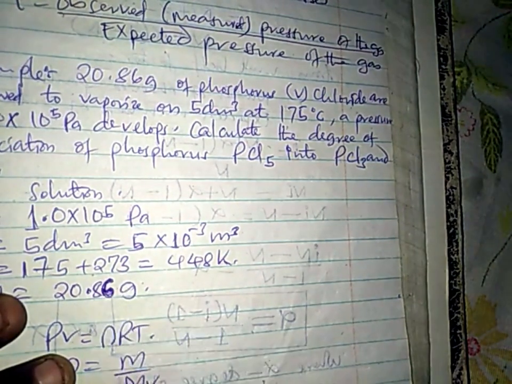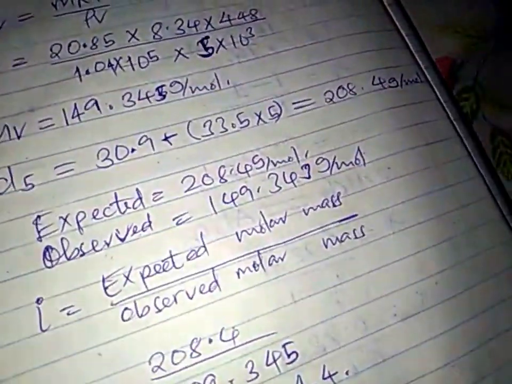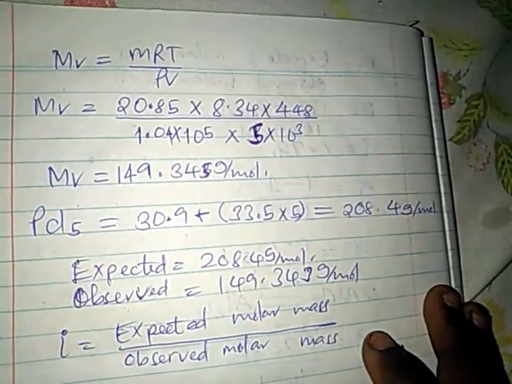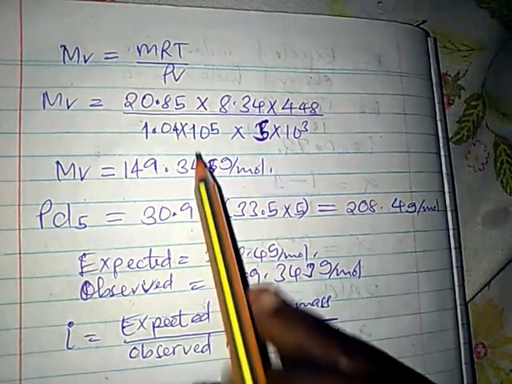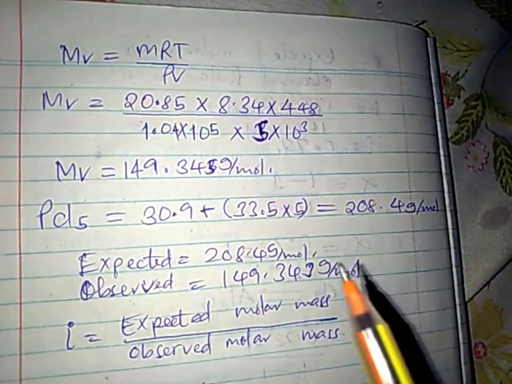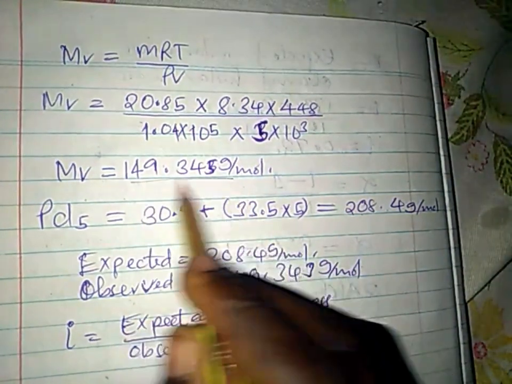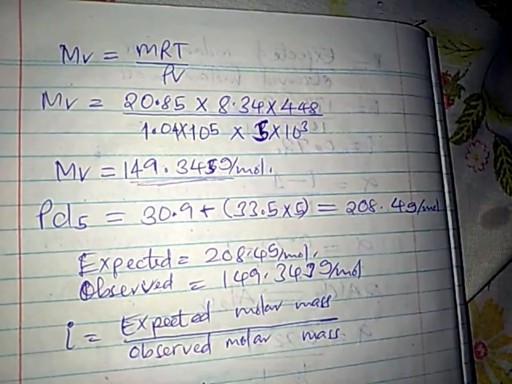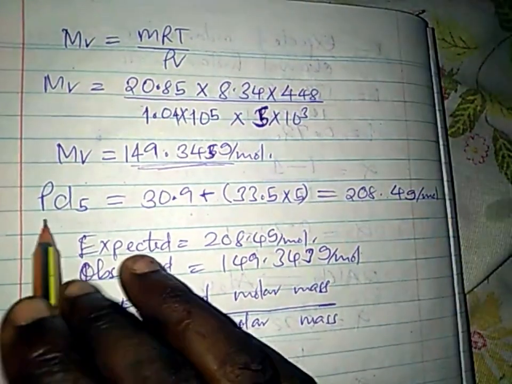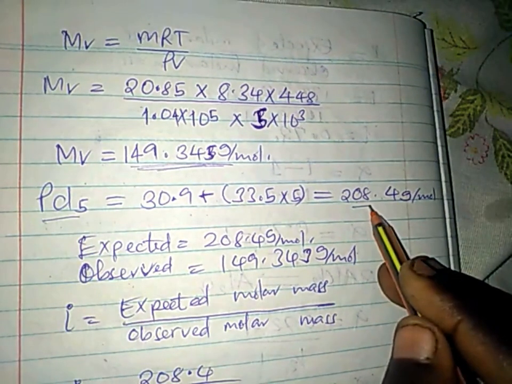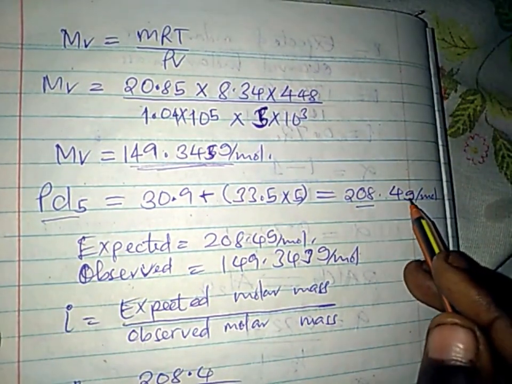So even the answer obtained comes from computing 5 instead of 6, so the observed molar mass you get is not correct; it is an error in computing. Now the expected molar mass we calculate from the formula of phosphorus pentachloride, and I get 208.4.